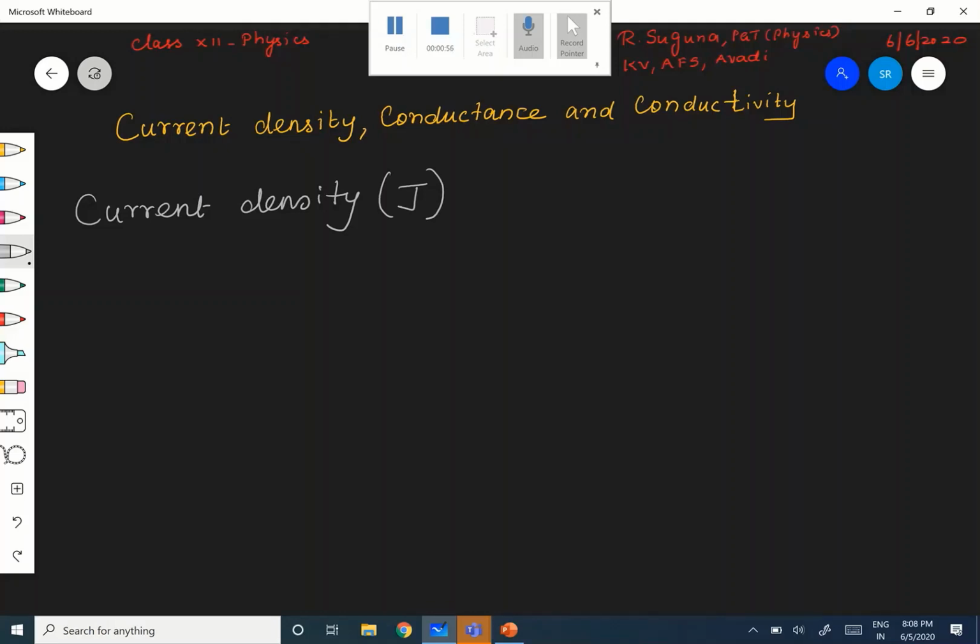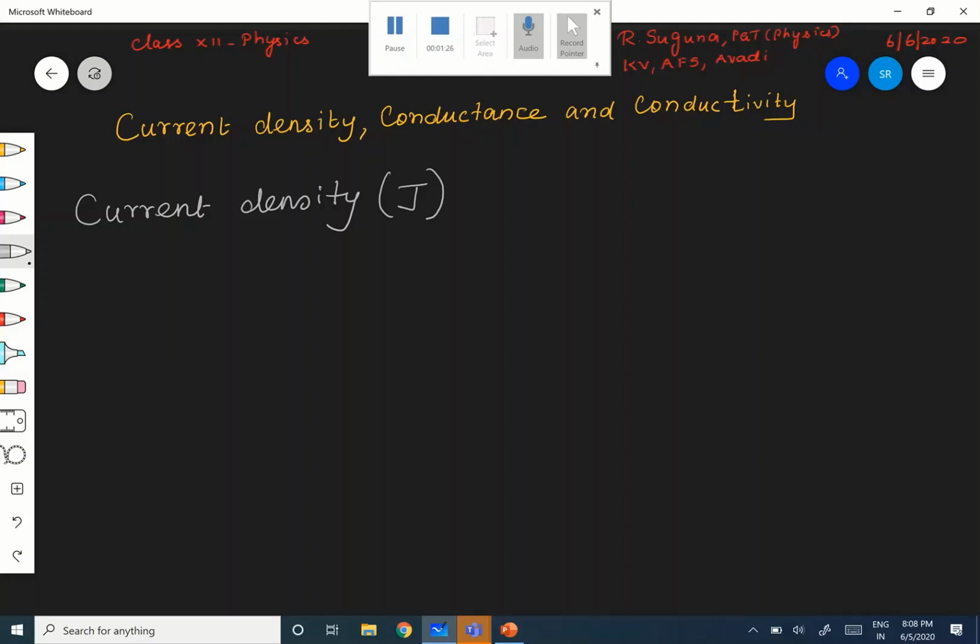Therefore, current density at a point in a conductor is defined as the amount of current flowing per unit area of the conductor, taken around that point, provided that area is held normal to the flow of current.